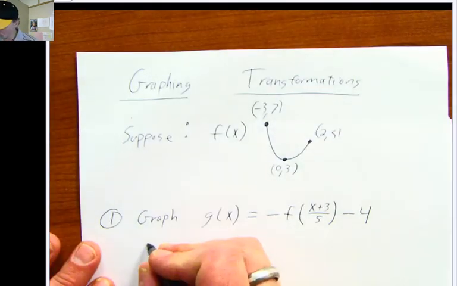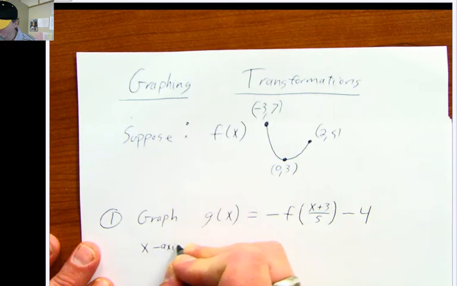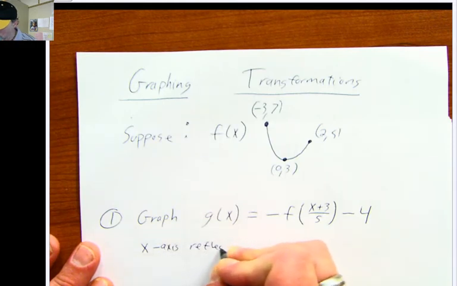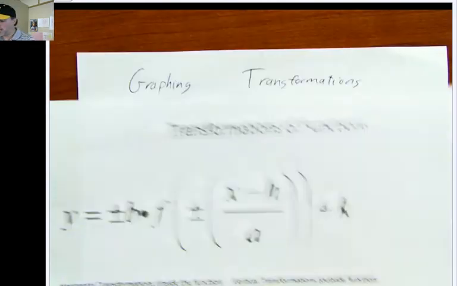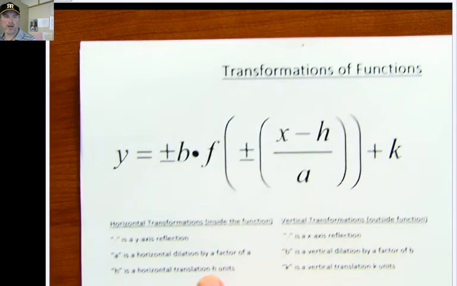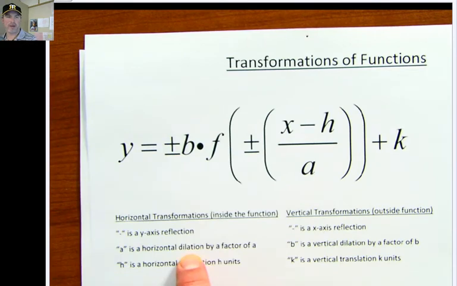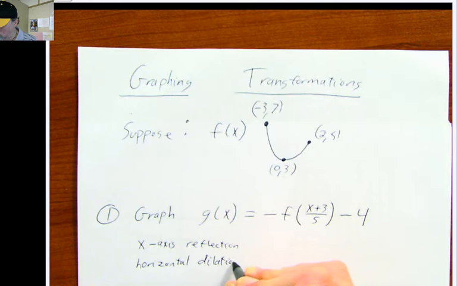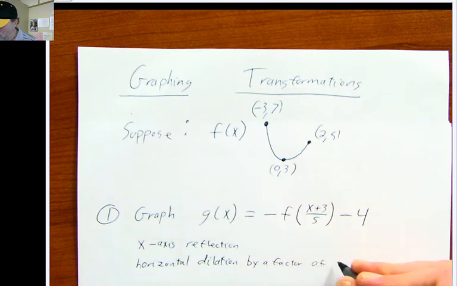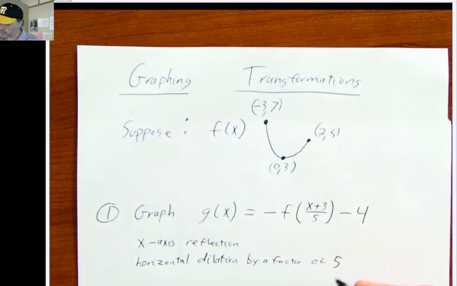So I know I have an x-axis reflection. This divided by 5 is on the inside, so that's like this a here. So that is a horizontal dilation by a factor of 5.